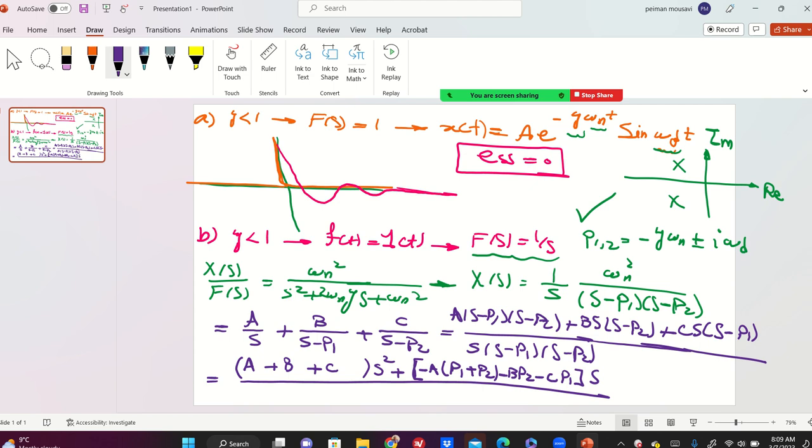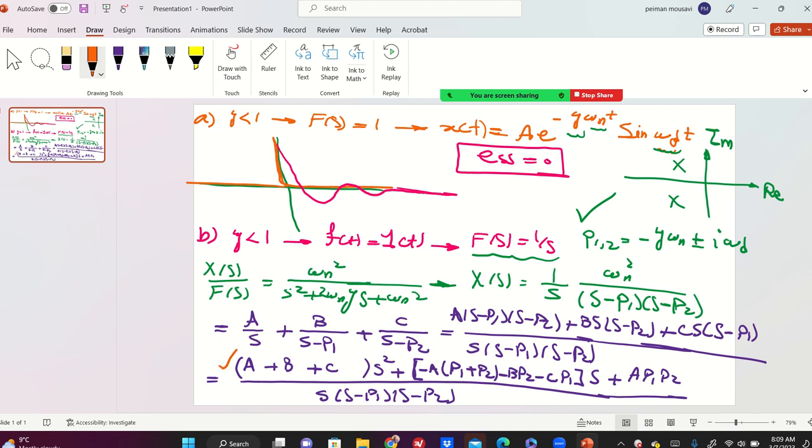And the only constant number that we have here, for God's sake, is plus a p1 p2. And this is the same as the numerator over s minus p1, s minus p2.